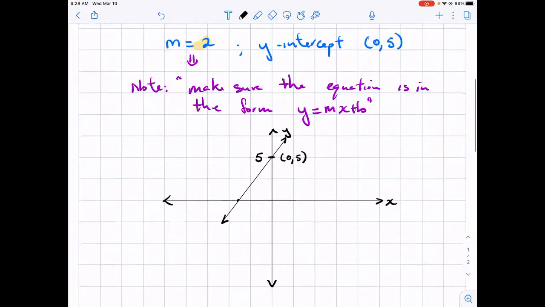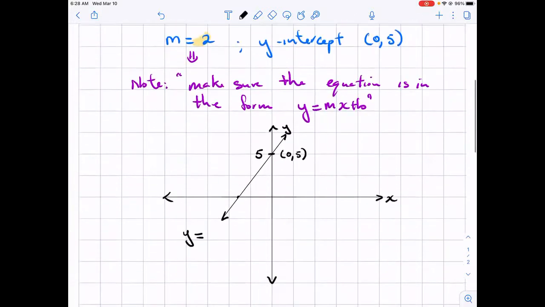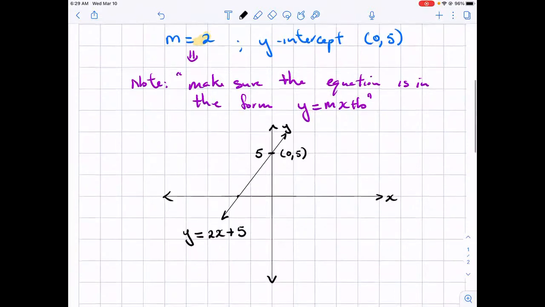And this is the equation y equals 2x plus 5. Okay. So actually I want this to be between -1 and -2.